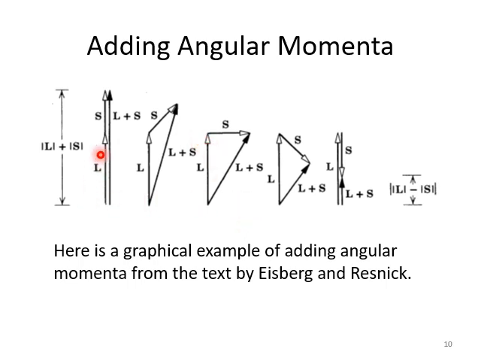And in this case, the angular momentum is larger, and as a result, when I'm done adding these two together, if they are together, it's just L plus S. If they are in opposite directions, then the minimum magnitude is the difference between the two. And for this combined L plus S, it will now have different projections on the z-axis.